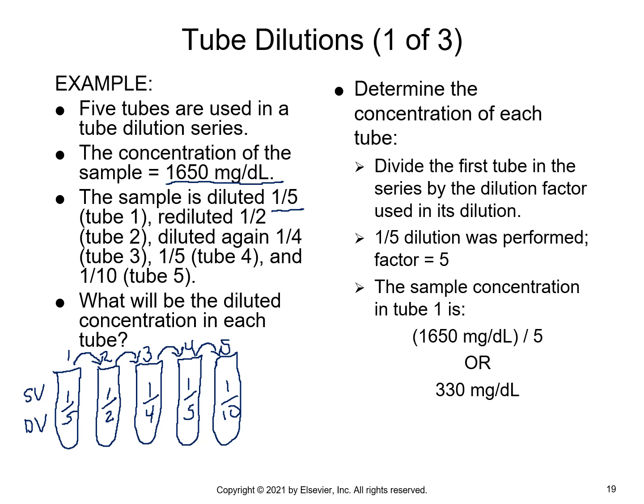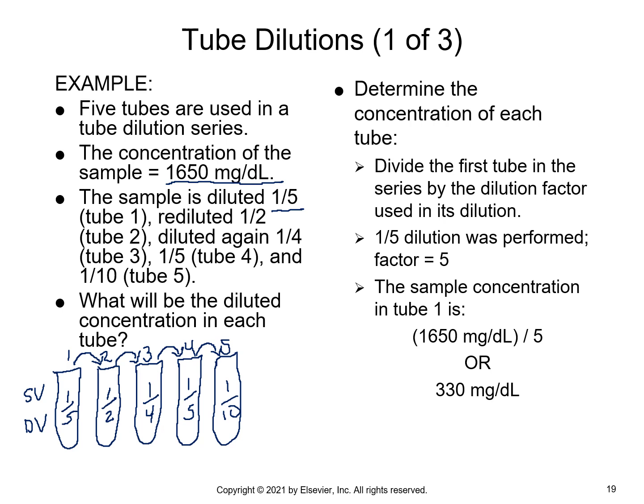What we want to figure out is the calculation, or the actual concentration of the sample in each of those tubes. First, let's figure out what tube number 1 is. We'll divide the original by the dilution factor.